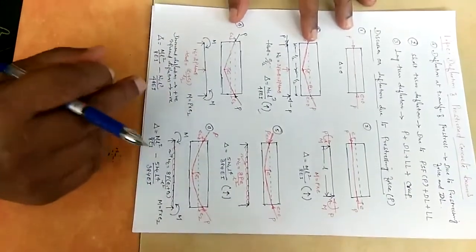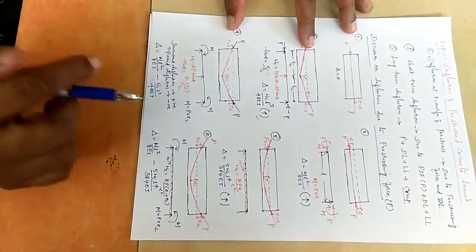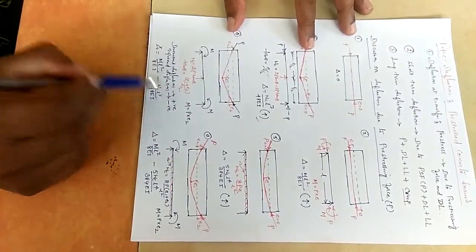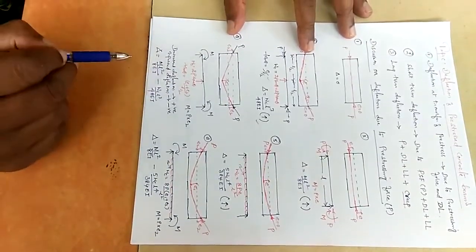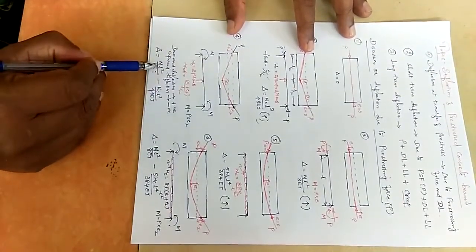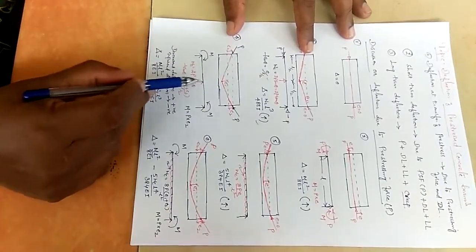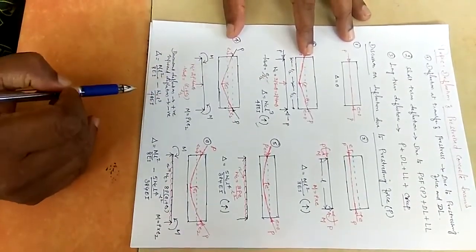If two deflections of different nature come, we have to use a sign convention. Downward deflection I will take as positive, upward deflection as negative. This will create a downward deflection, it is positive. I am taking ML square by 8EI, and this is due to the point load, WL cube divided by 48EI.